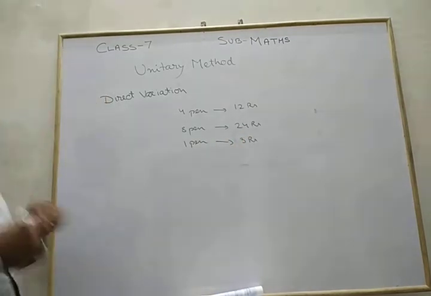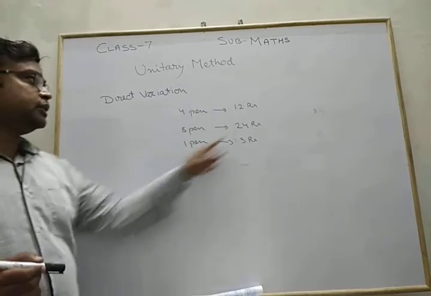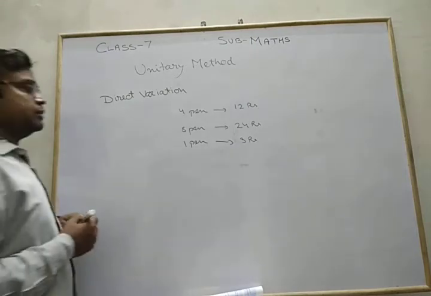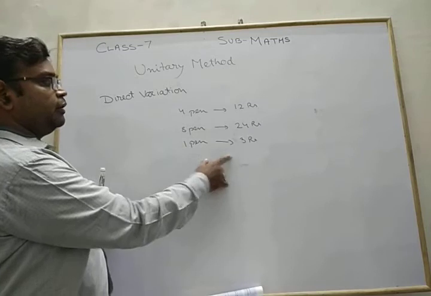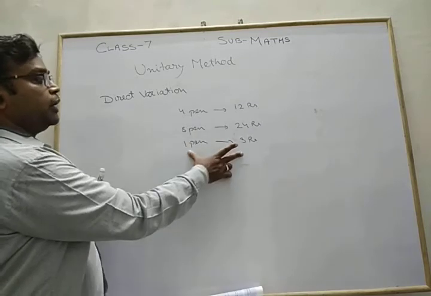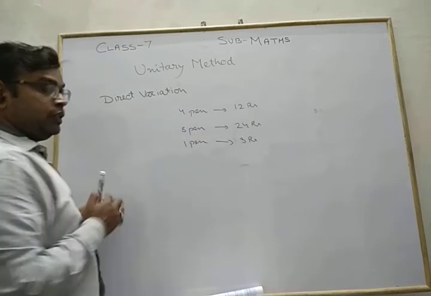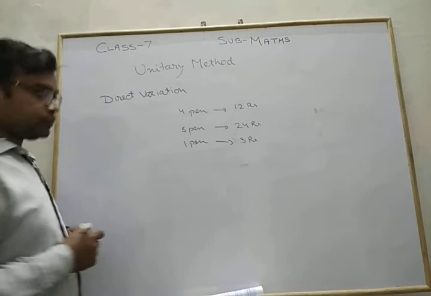So if the number of pens is decreased, then the price is also decreased. In both cases, both parts decrease together or increase together. Such a condition is known as direct variation.